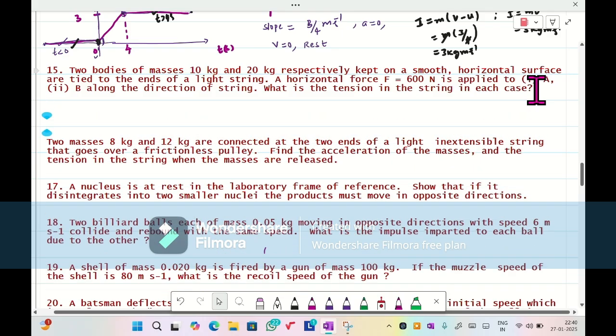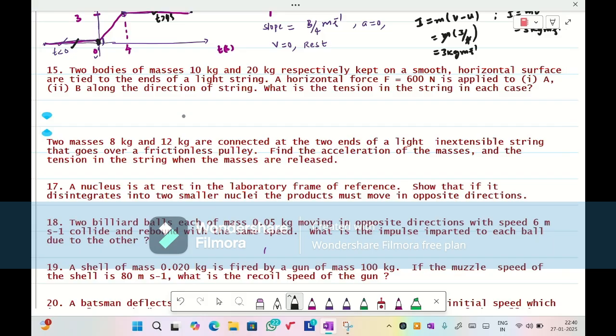So two bodies of mass 10 kg and 20 kg respectively, kept on a smooth horizontal surface, are tied at the end of a string. Okay, this is trying to explain the free body diagram. So now the free body diagram concept came. Up to now only force, acceleration, velocity concepts.